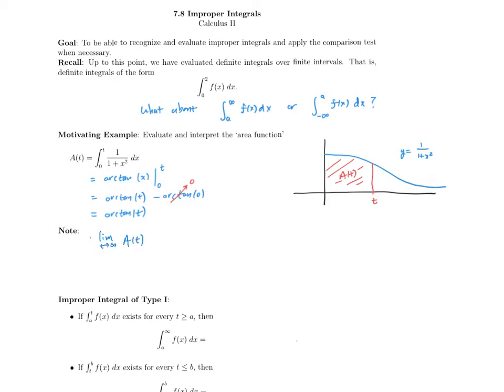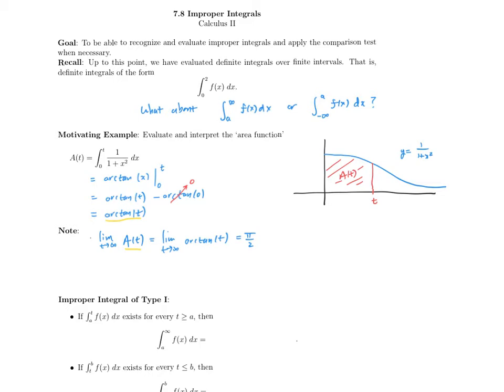Well, from our work above, we know that A of t is arctangent of t, and the limit as t approaches infinity of the arctangent is one of our common limits that we should be familiar with. It's pi over 2. And note what we've calculated. As t goes to infinity, we are finding the area underneath this curve for all positive values of x.